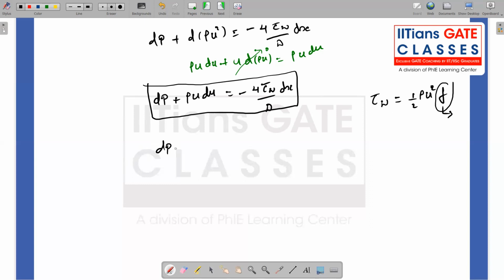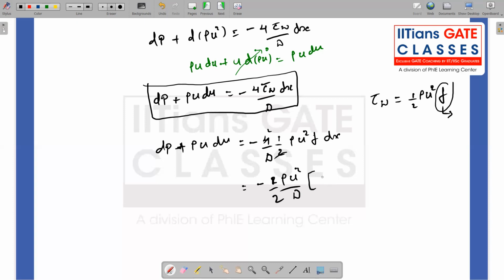So I can write dP plus rho u du is equal to minus 4 by d times half rho u square times f times dx. So now the 2s cancel, and this goes like minus 2 rho u square divided by d times f dx, or I can write it the other way, half rho u square by d times 4f.